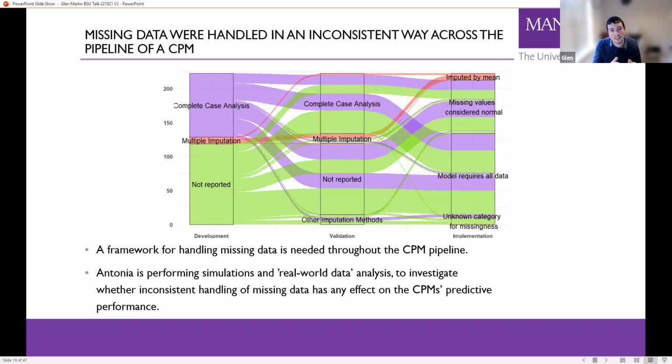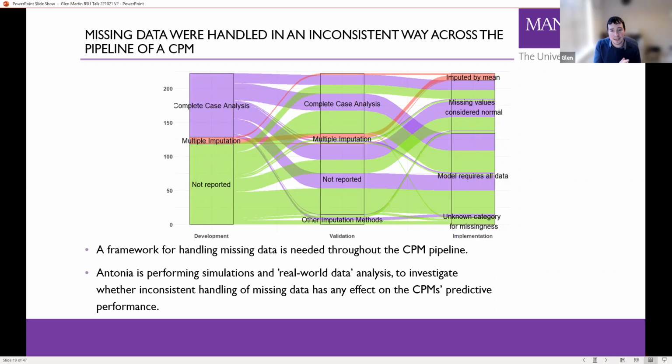But from there, you can start to see a divergence in how it's then handled. For example, development might use complete case analysis, then use multiple imputation at validation, and then use mean imputation when the model is being used. You can see there are huge inconsistencies within this diagram.